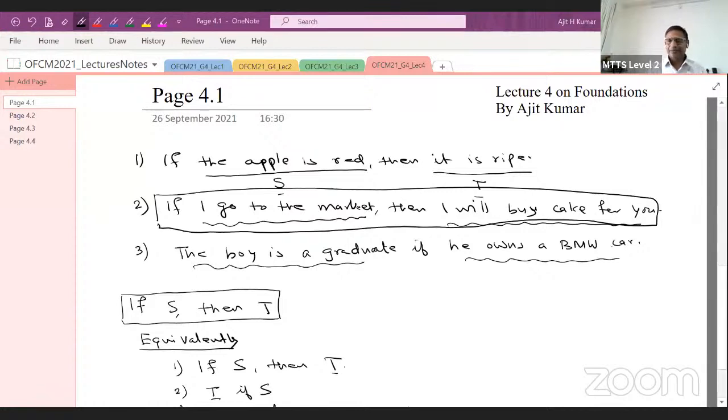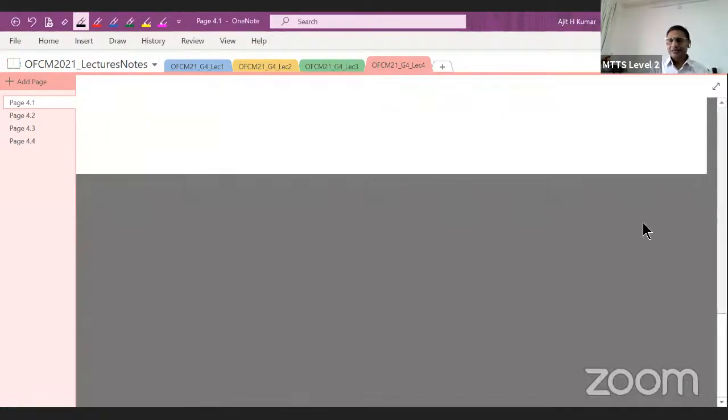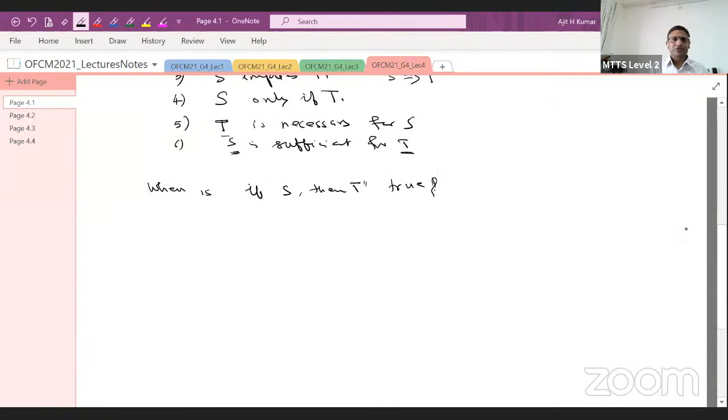If I look at this statement, if S then T, and this is not true, then the negation is: if S happens, but T does not happen. That is when this statement will not be true.